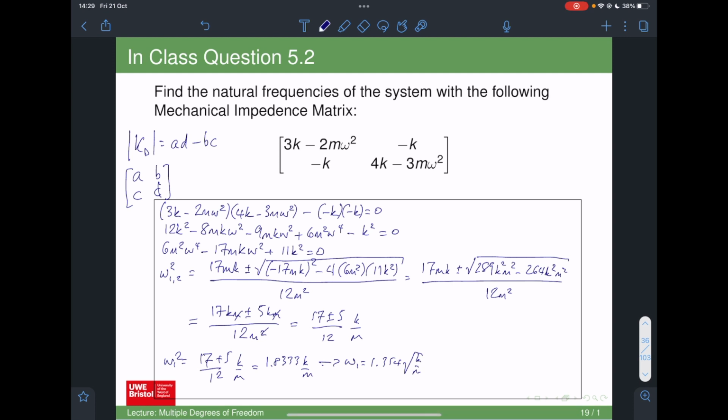And omega 2, I'm sort of running out of room here, let's squish some of this stuff up.